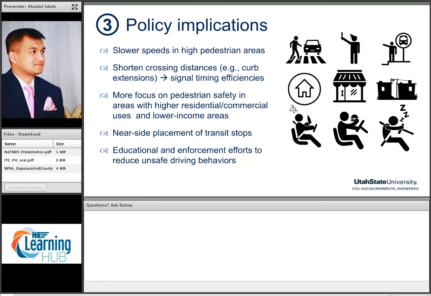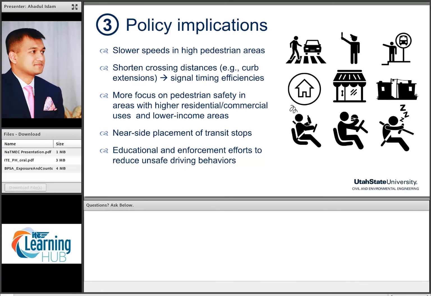The positive association between residential or commercial land uses and pedestrian crashes supports efforts to focus on pedestrian safety in those areas. More importantly, the negative association with median household income is troubling from an equity perspective, as it suggests that lower income neighborhoods experience a disproportionately greater burden of pedestrian crashes.